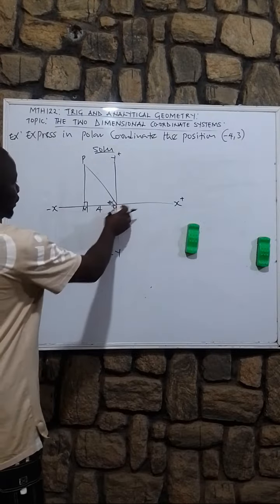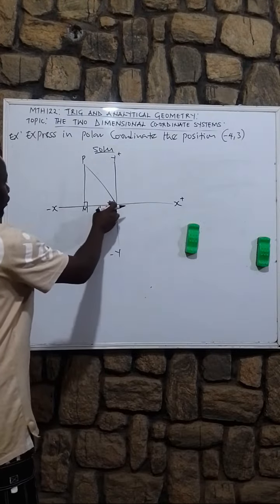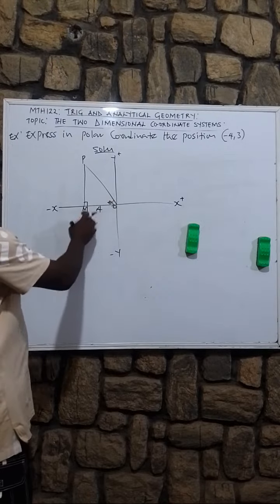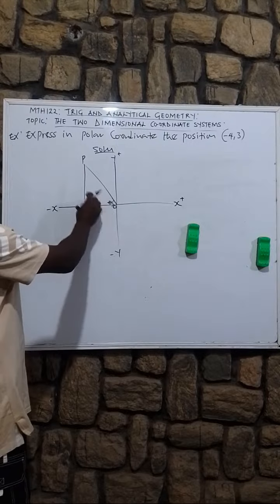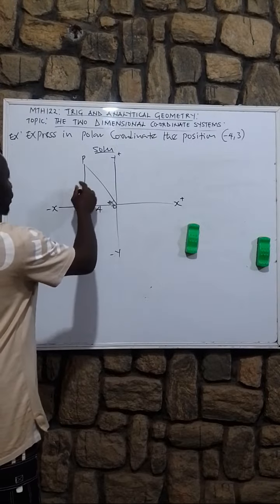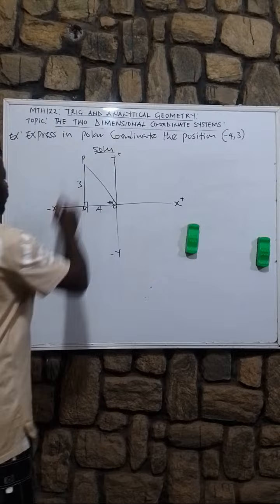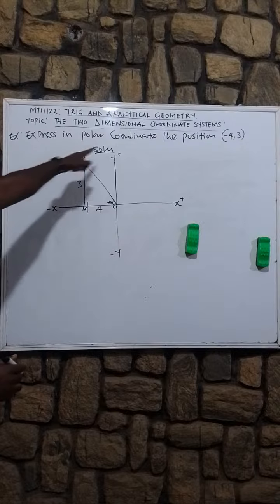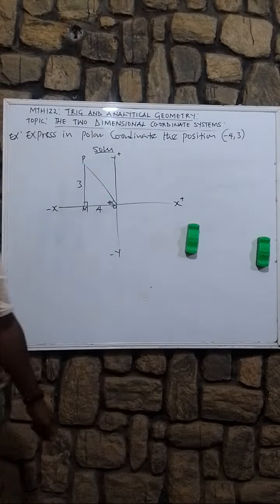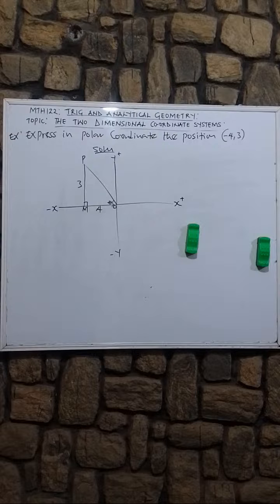But for the fact that x is negative, that is why you are seeing it immediately after the 0 this side. That's why we have the triangle here. So our y is 3. So let us obtain our r, since we are to express in polar coordinates the position. Are you following? Do you understand?